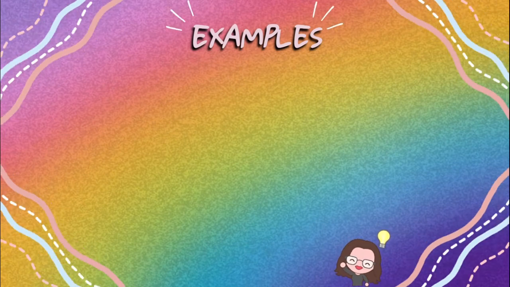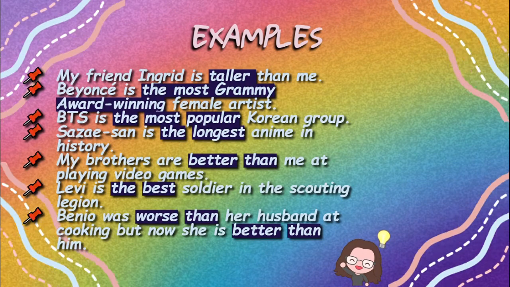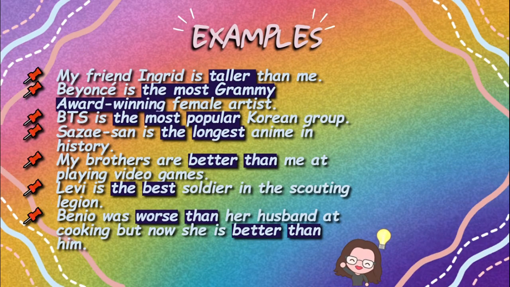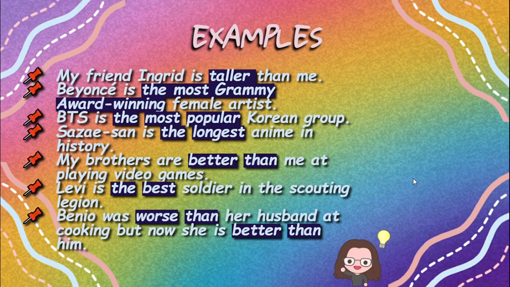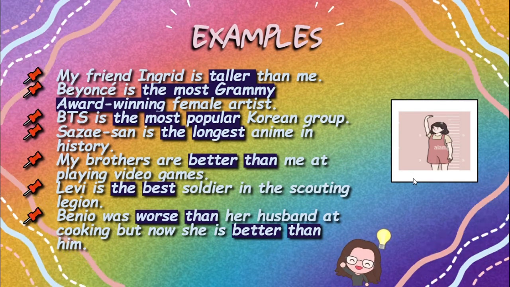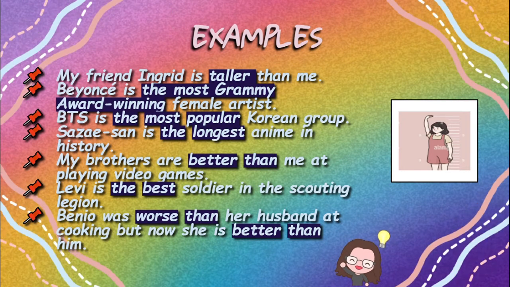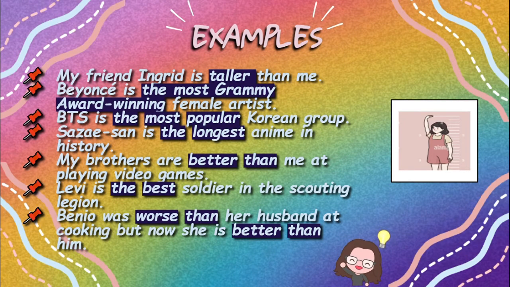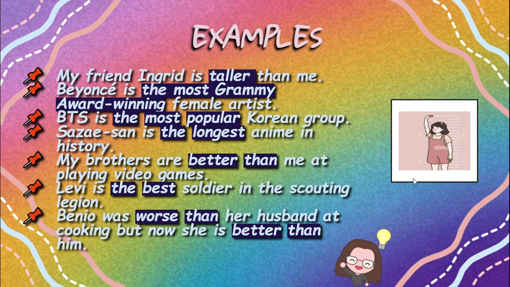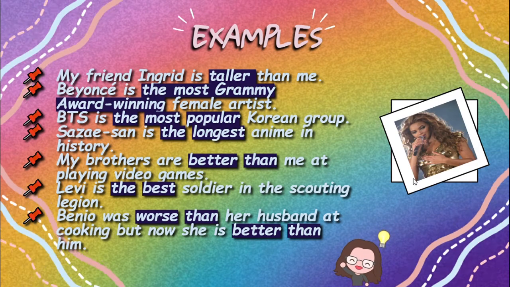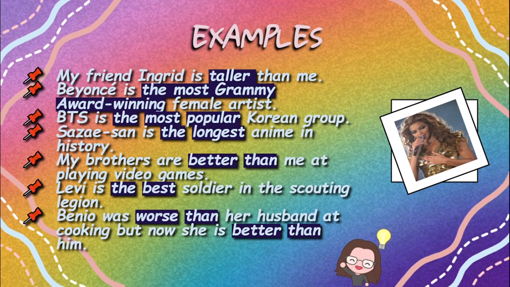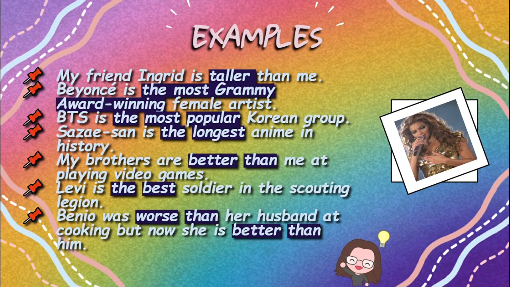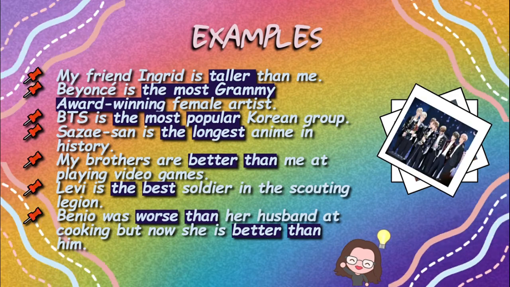And here you have more examples. My friend Ingrid is taller than me. Beyoncé is the most Grammy Award winning female artist. She is amazing. BTS is the most popular Korean group. I love them.